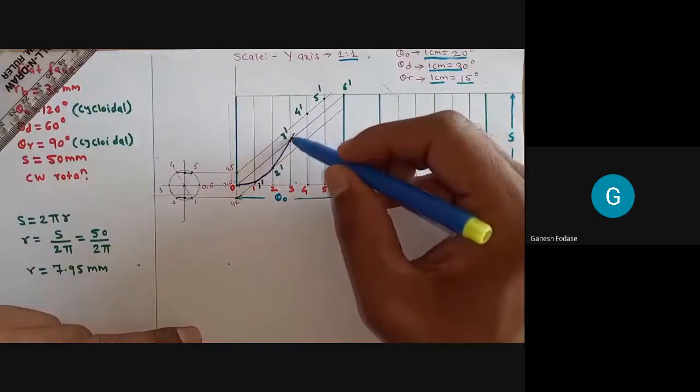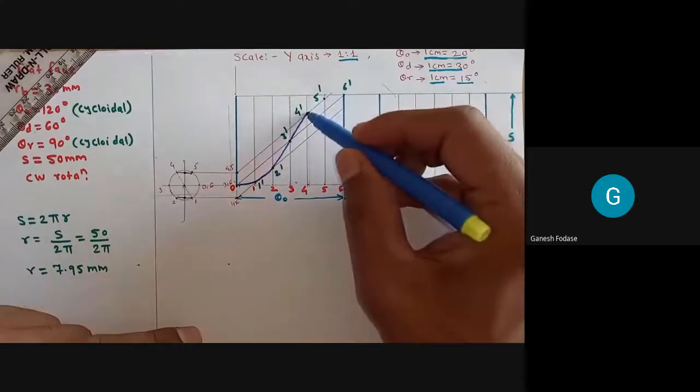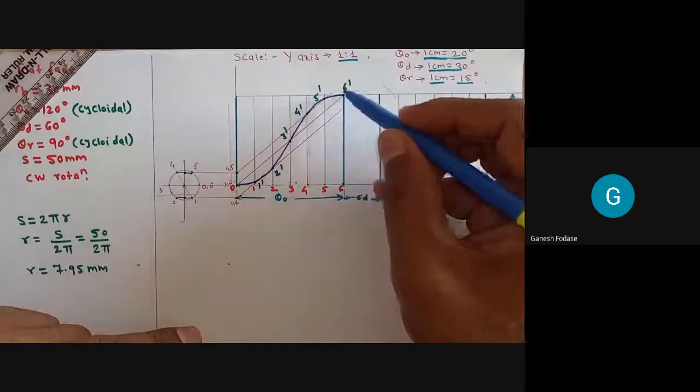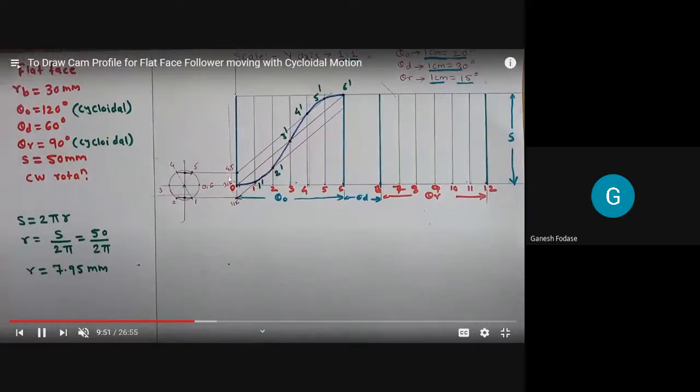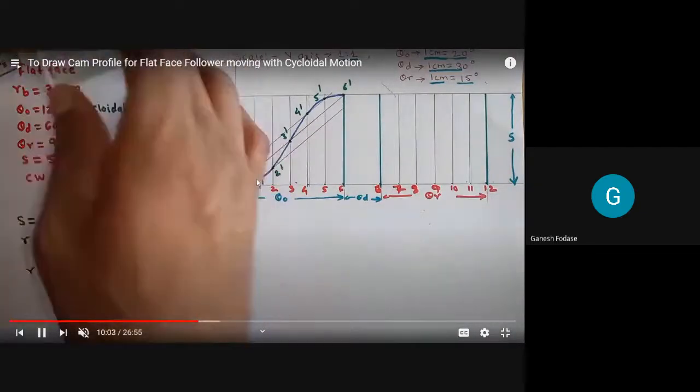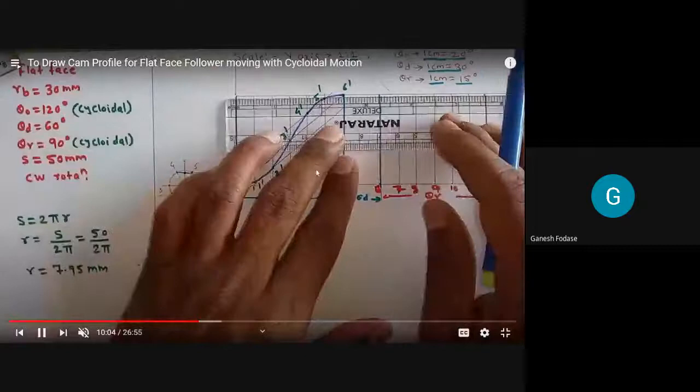We see that cycloidal motion is the most suitable motion. As per analysis, we consider velocity, acceleration, and jerk, and it is the most suitable method. So this we can do for the rise stroke. Now for the return stroke, we can repeat the same procedure by drawing the diagonal and center here, circle here. But as the procedure during this stroke is similar during rise and return, we just project these points on the corresponding projections.